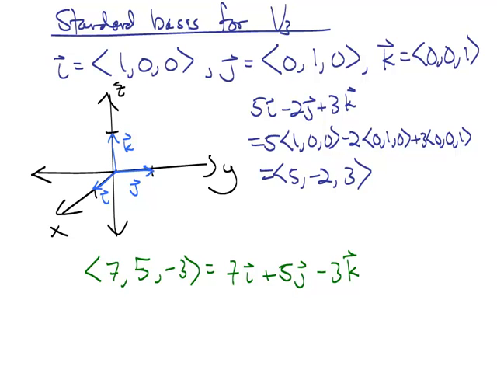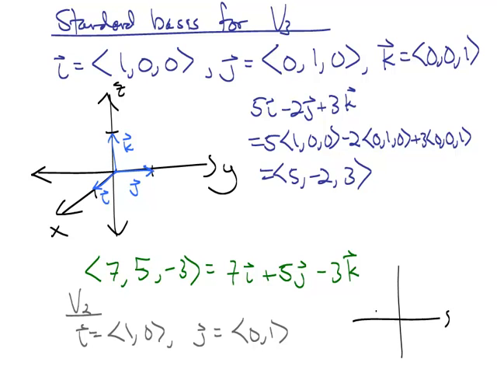And of course, for V2, as I said, we just have these two: 1, 0 for i, and j is 0, 1. Graphically, those look like this. There's i, and there's j. And you can do the same thing. You can represent any vector in V2, any two-dimensional vector, as a linear combination of i and j.